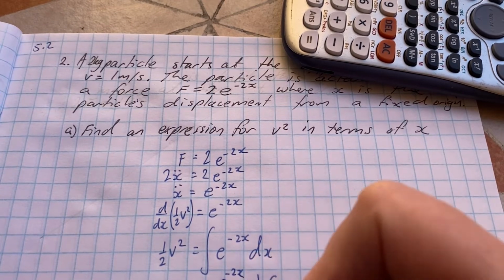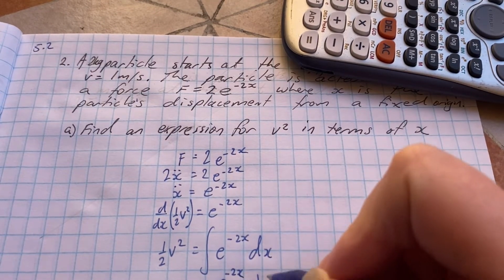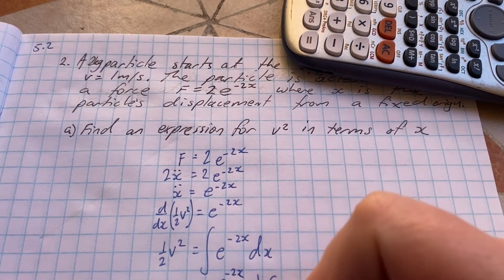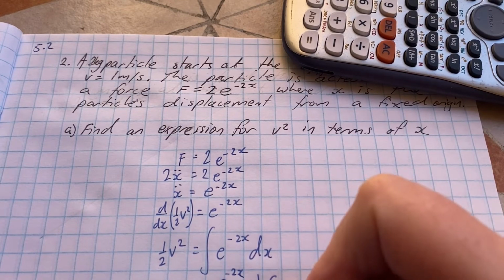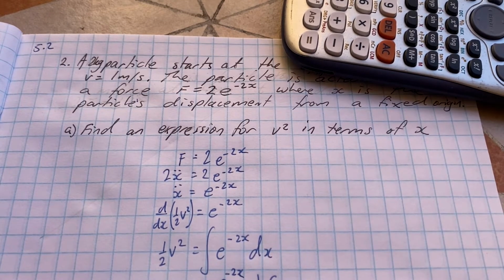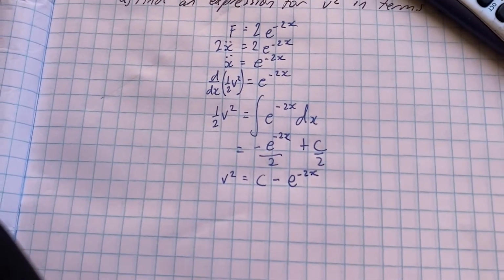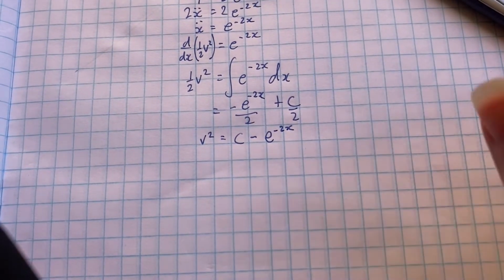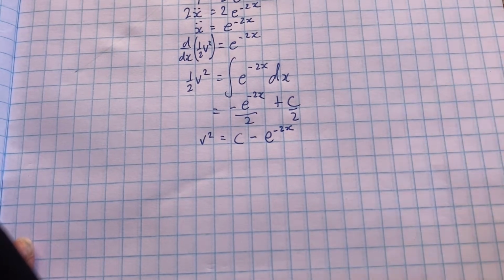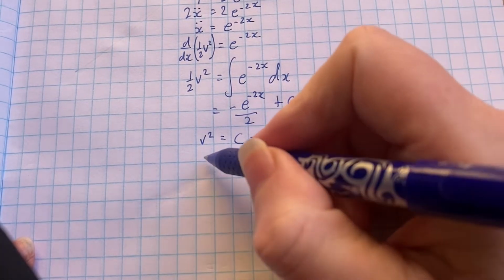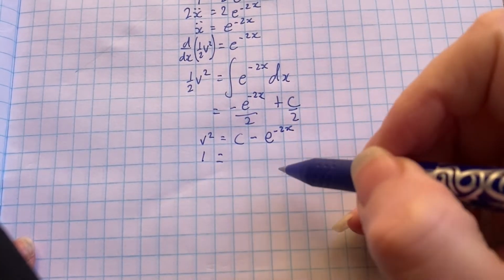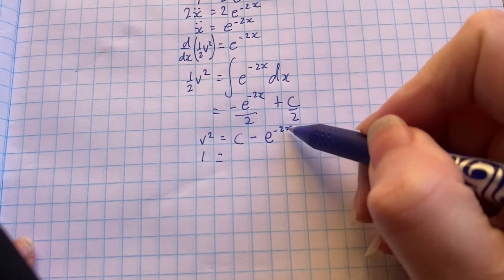So v squared equals, I'm going to put the c first because it's positive. I already know it happens to be positive. Let's find the c. We were told in the question that velocity is 1 meter per second when the particle is at the origin.